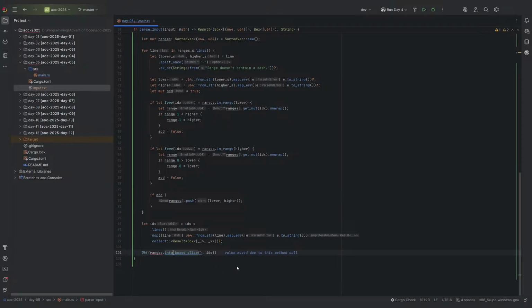It does have a type of Vec. Why does it have trouble taking ownership?